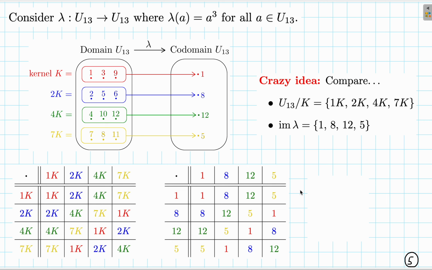And if we stare at them, oh my goodness, those two groups look exactly the same. The reds, the blues, the greens, and the yellow are in the exact same locations in the 2 tables. And therefore, we can say that U13 mod k and the image of lambda are isomorphic groups.